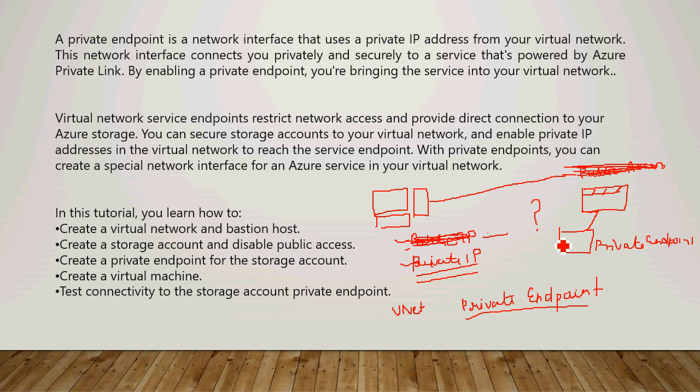This private endpoint gets a network interface card which gets a private IP address from your subnet inside your network. So now both resources have a private connection in between, so they can easily connect with each other.